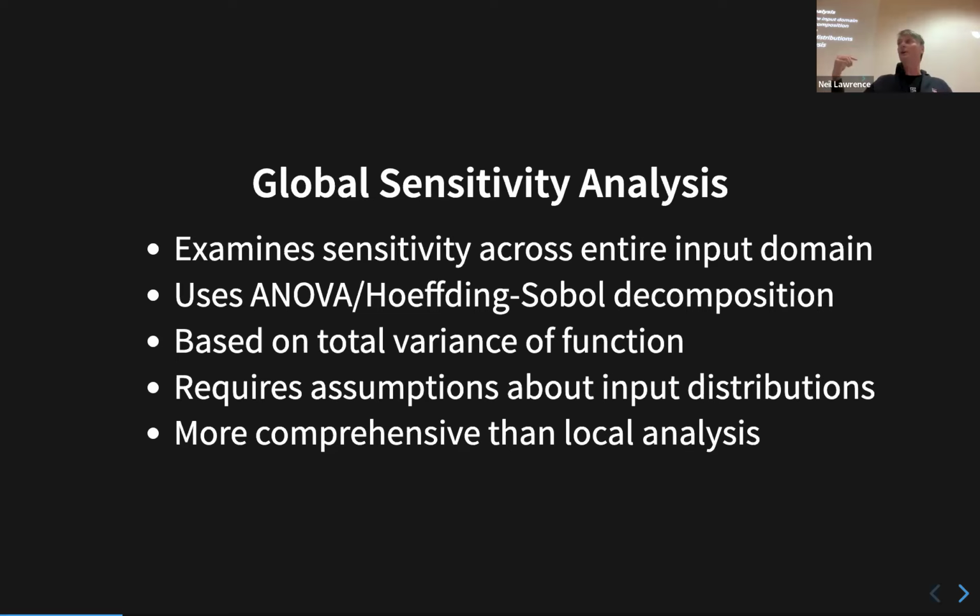And what the Hoeffding-Sobol decomposition, this analysis of variance, does for us is it allows us to decompose that output signal into these interacting terms as well, so that we get a sense of, okay, while the amount of fresh water entering the Southern Ocean is not important on its own, it becomes very important, perhaps, if we consider its correlation with, I don't know, the amount of algae generation in some area, right? Those are the two factors. So that suddenly gives you an ability to say, oh, maybe we should intervene on the algae, or whatever your conclusion is going to be. Please do not take any climate advice from me in terms of geoengineering.